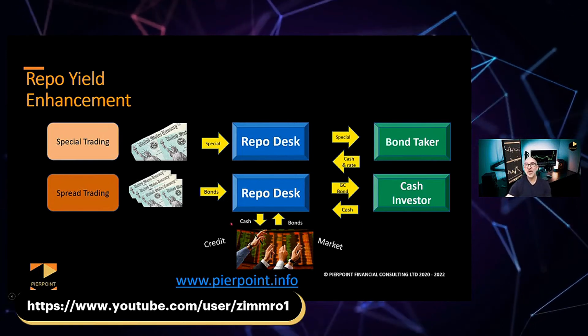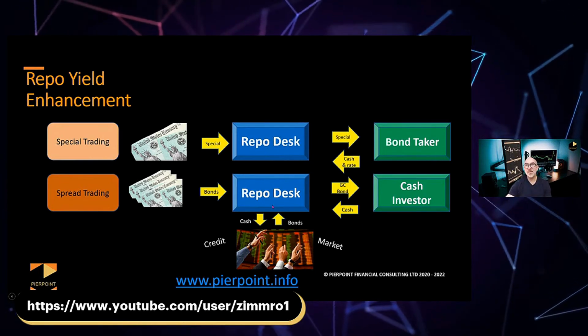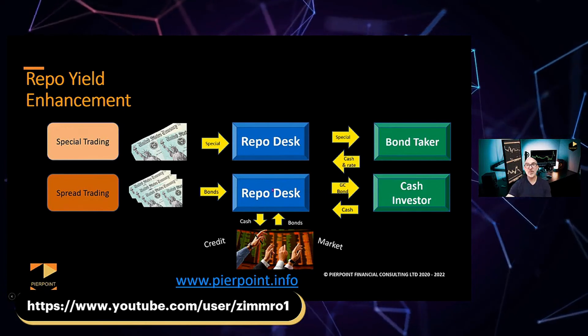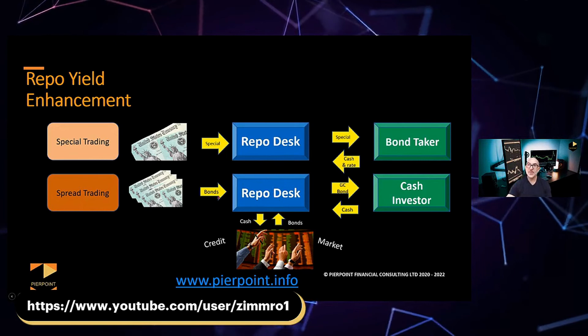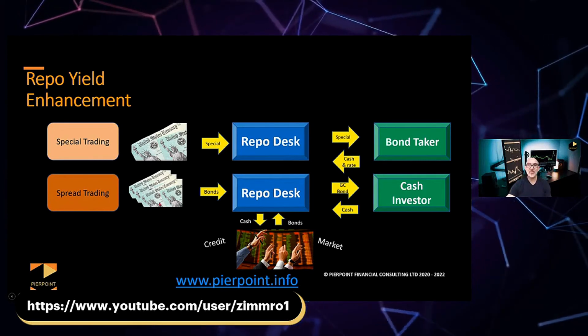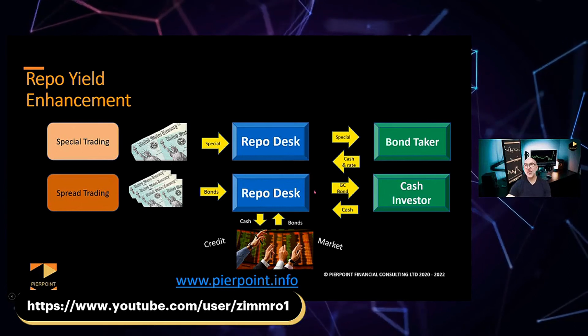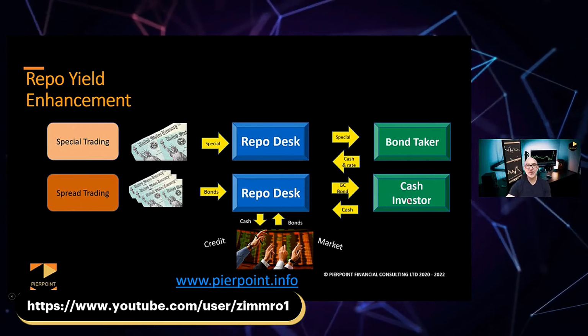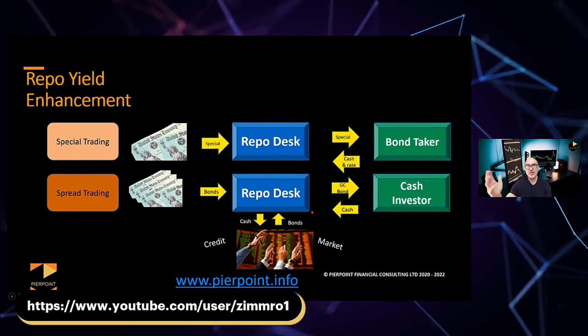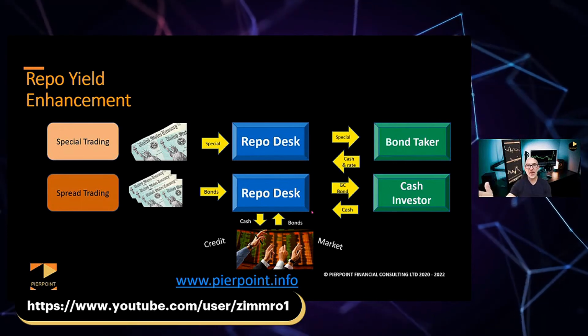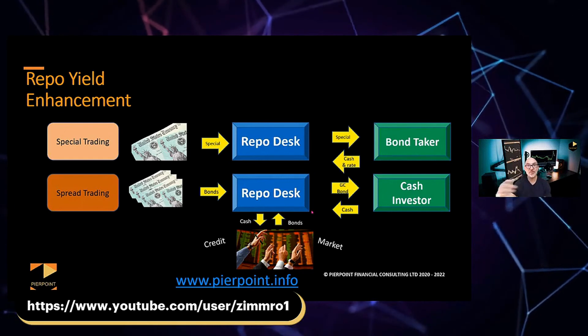There's also this last aspect where you talk about spread trading, or you can call it basis trading, where the repo desk is actually taking a view and trying to generate a profit by doing this kind of trade. So what they're trying to do is raise cash from their inventory. Using their inventory of assets, they will use those bonds to borrow cash because the assets are really widely available assets. They don't have to pay too high a rate because they're always substitutable.